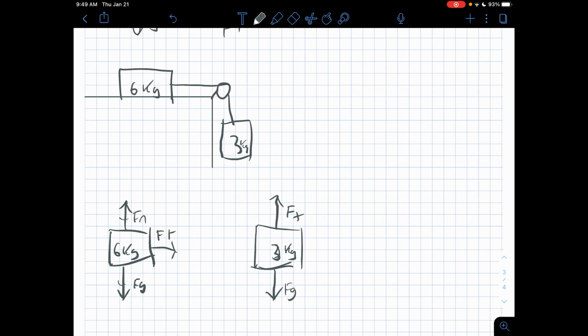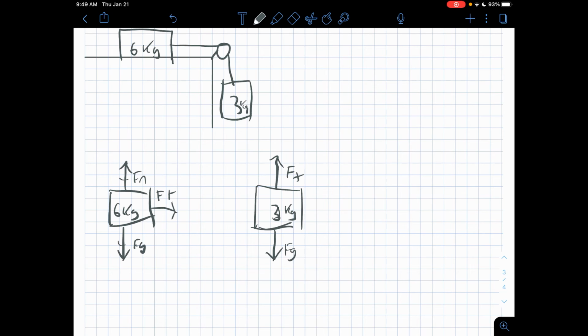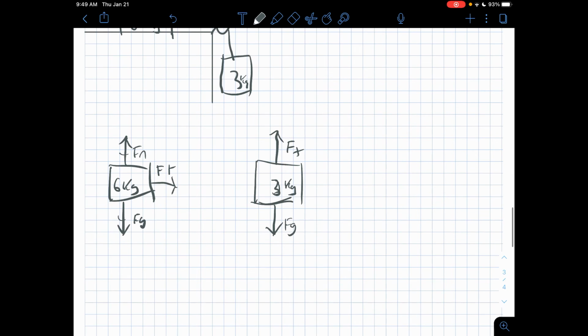So what can we do here? We can cancel out these two because they're going to be equal. And we're going to see what force is pulling this entire system forward. What you want to do is treat this as one whole object. We'll do that in a bit.